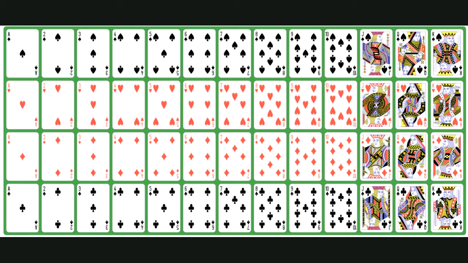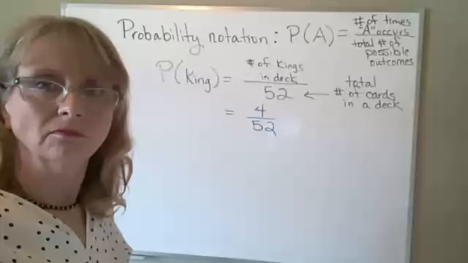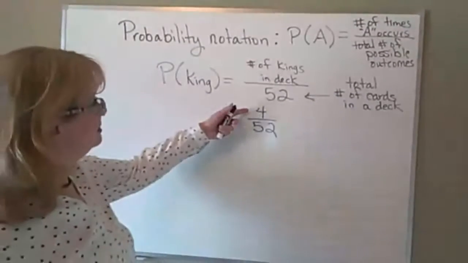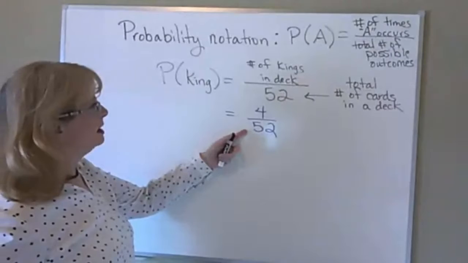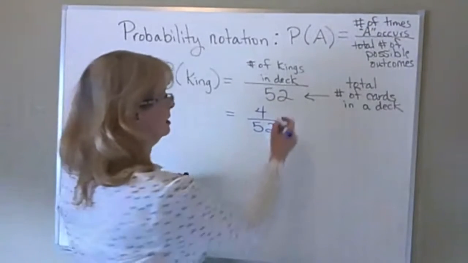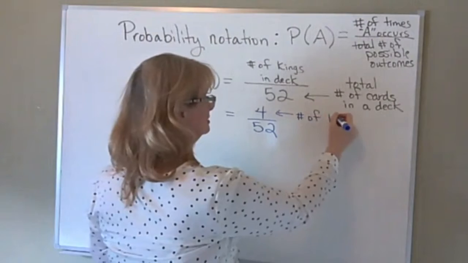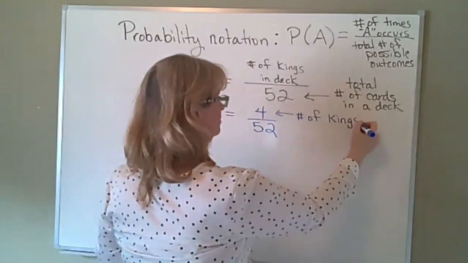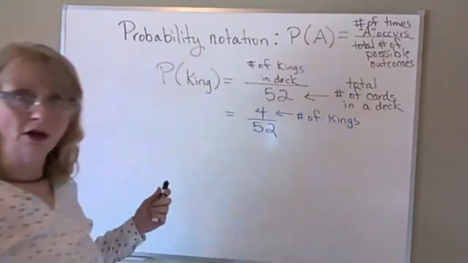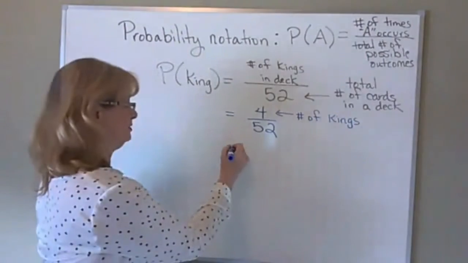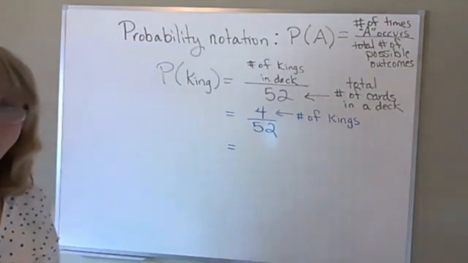So our top number becomes 4, and our bottom number is 52. So that 4 is the number of kings in the deck.